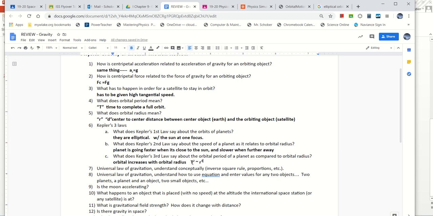So orbital period squared is related to orbital radius cubed. Sorry, I typed this. Orbital period increases with orbital radius. So the further away a planet is, the longer it takes to orbit the sun. That's not a surprise. Mercury takes like 89 days. Venus takes like 225 days.